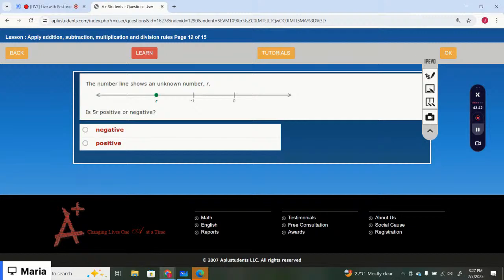The number line shows an unknown number R. Is 5R positive or negative?